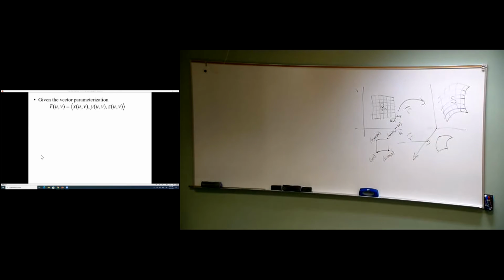I just want you to see where the formula comes from. And this is basically our introduction to parameterized surfaces. So we'll probably either skip this part or just briefly talk about it when we actually get to that section.